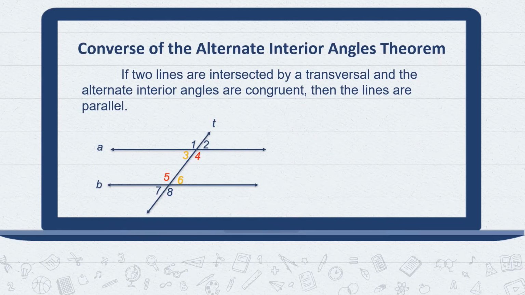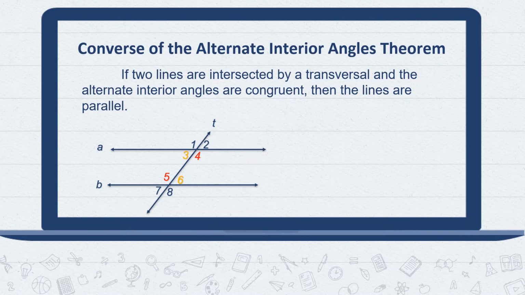Another is the converse of the alternate interior angles theorem. It states that if two lines are intersected by a transversal and the alternate interior angles are congruent, then the lines are parallel. So tingnan natin yung mga alternate interior angles.